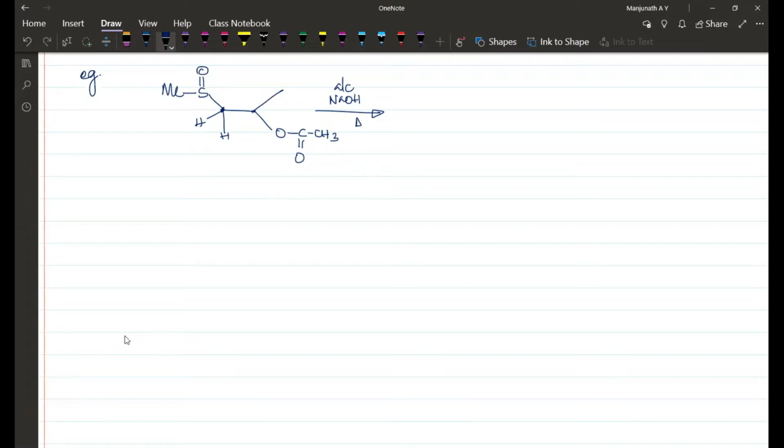So this will be considered as alpha, this is beta. So this is the beta hydrogen. So OH minus will remove this hydrogen and result in formation of MeS double bond O, C minus, acetate CH3.